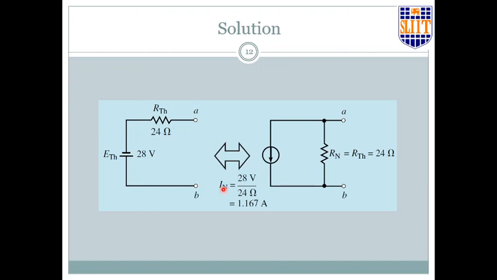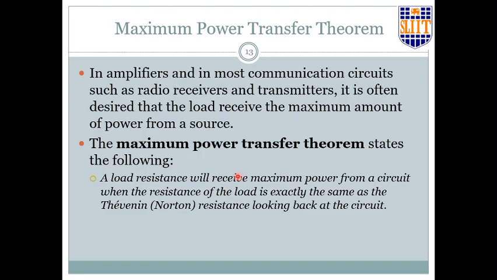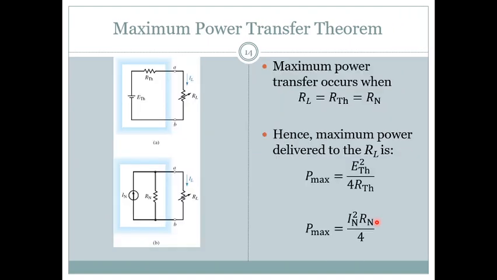The same thing that we did. So the maximum power transfer theorem says that the load resistance will receive maximum power from a circuit when the resistance of the load is exactly the same as the Thévenin's or Norton's resistance looking back at the circuit.